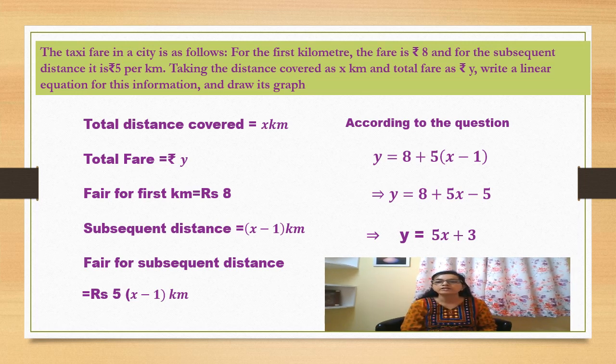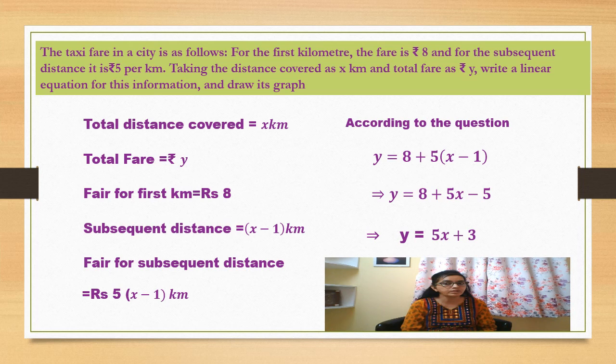And then as you again move to the question, it continues that for the subsequent distance it is rupees 5 per kilometer. Now what does the subsequent distance mean? Here the children commit certain mistakes. They say that the subsequent distance is x, but that is wrong. Be very careful.